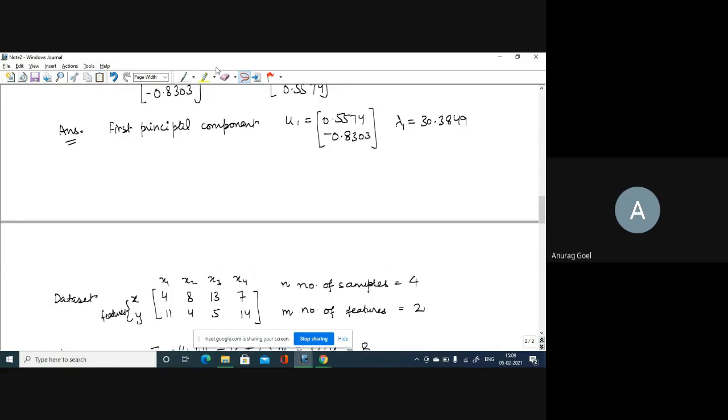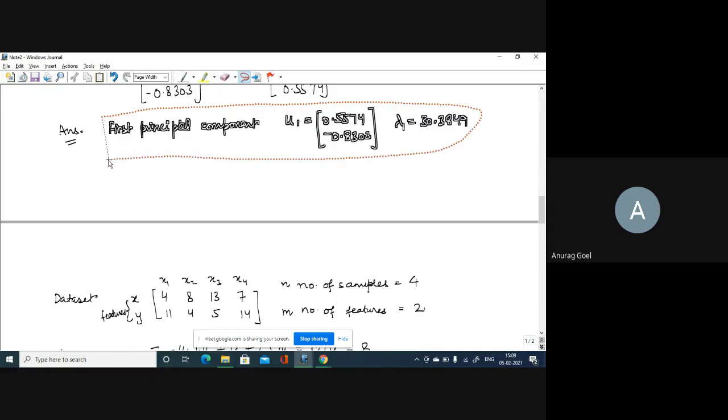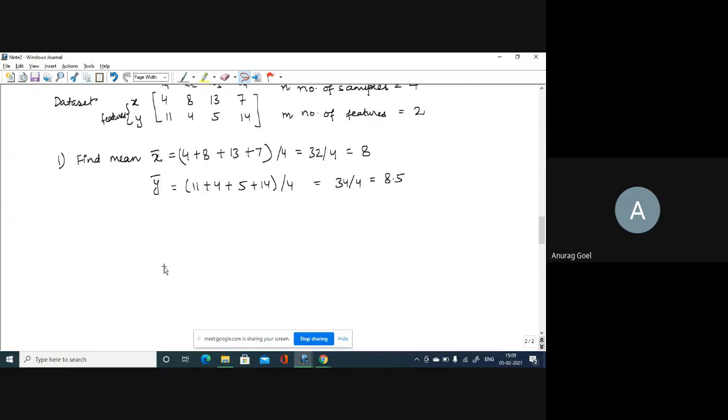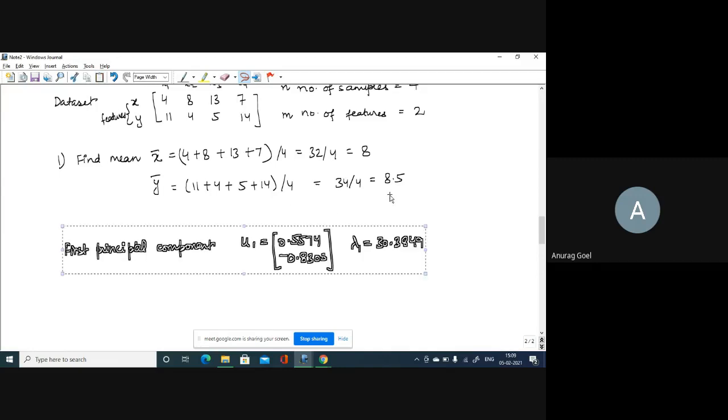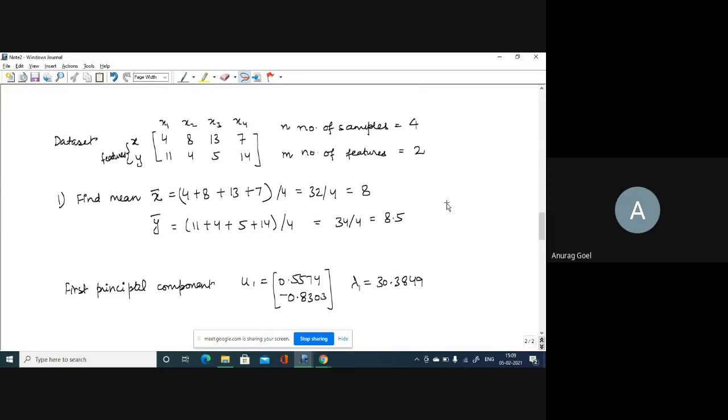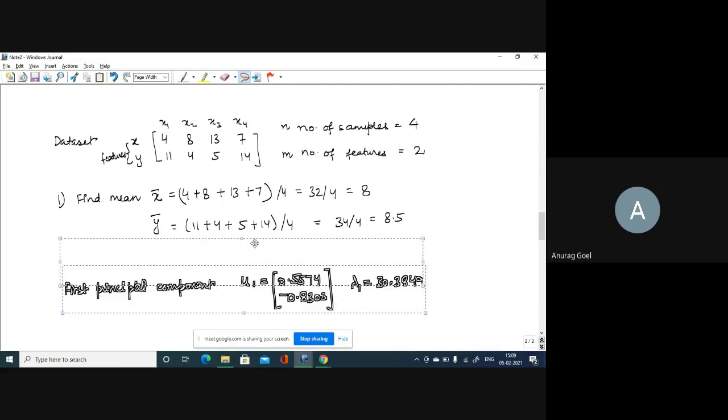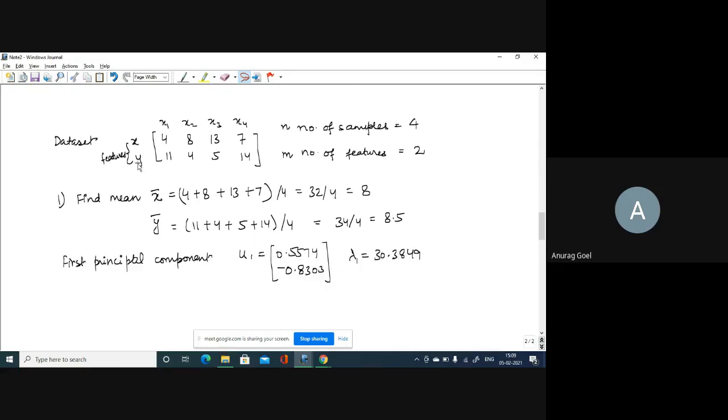So we have the original or given data set.